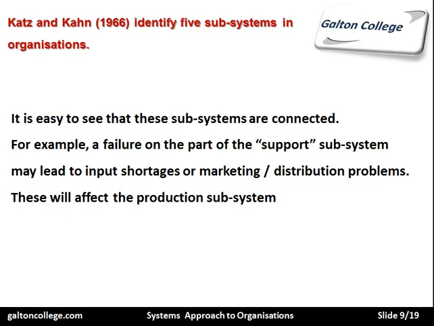So the subsystems are linked, and these subsystems feed into the overall system being the company, and the company's objectives, which is the corporate strategy of the business, what the business is trying to achieve.